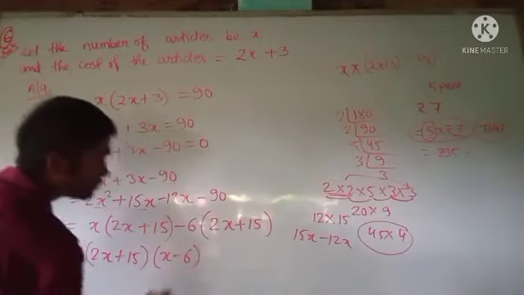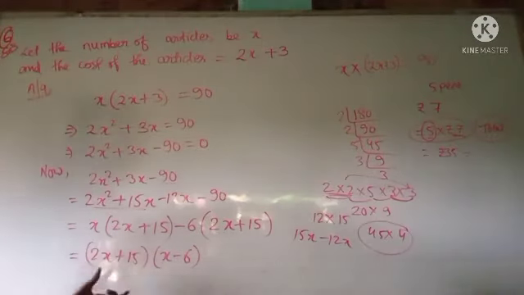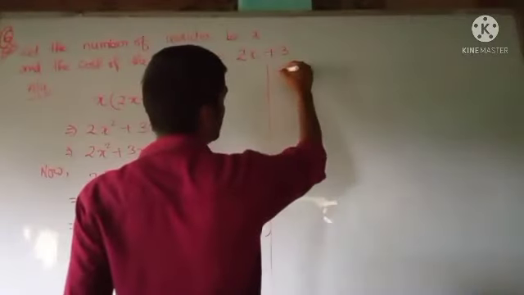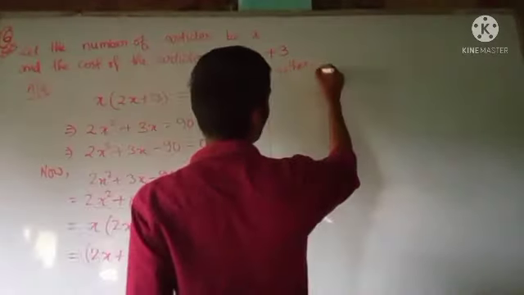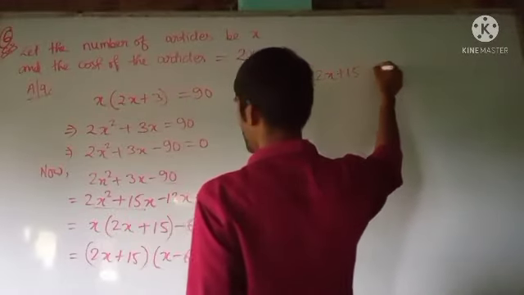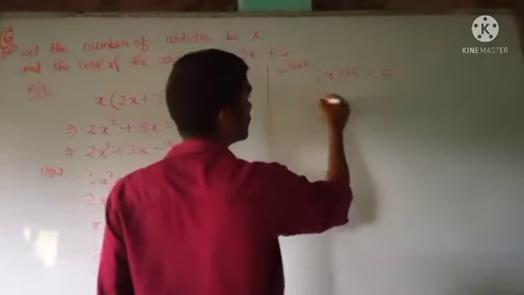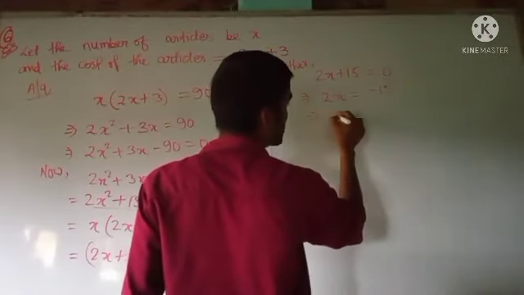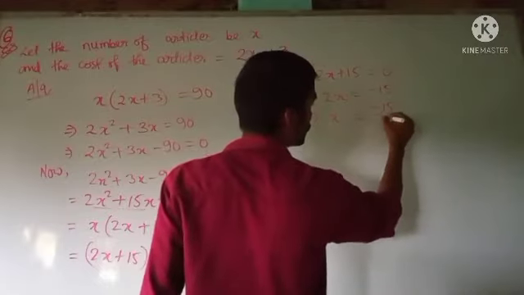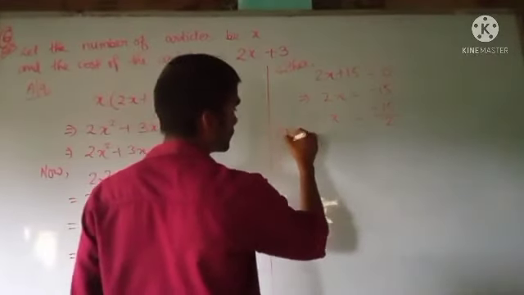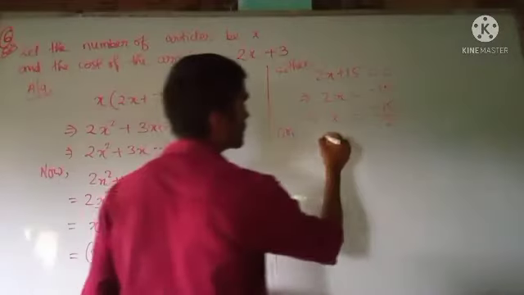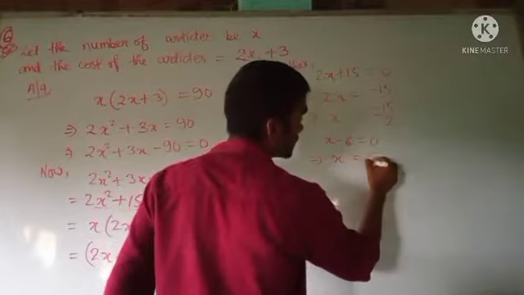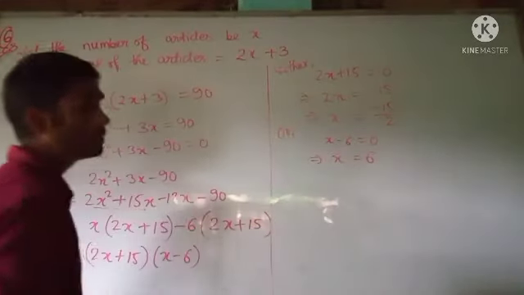Now we can make either one part equal to 0 or the other part equal to 0. Either 2x plus 15 is equal to 0, where 2x is equal to minus 15, or x is equal to minus 15 by 2, or the other one, x minus 6 is equal to 0, where x is equal to 6, when we transfer, we get plus 6.